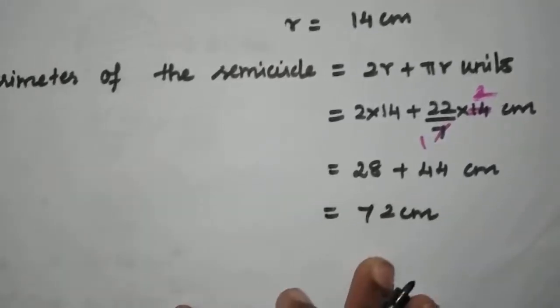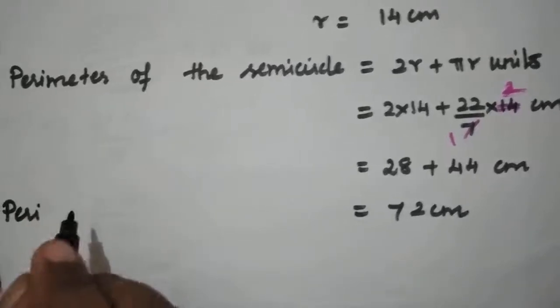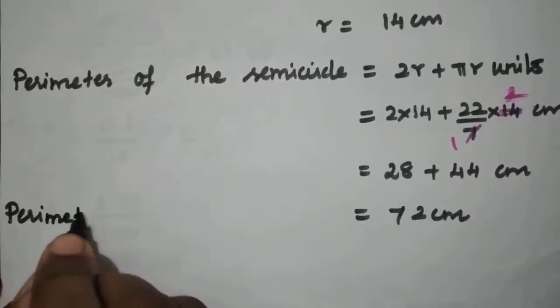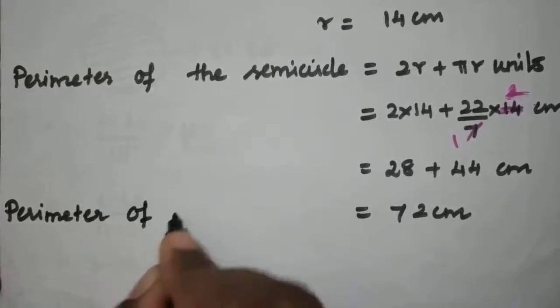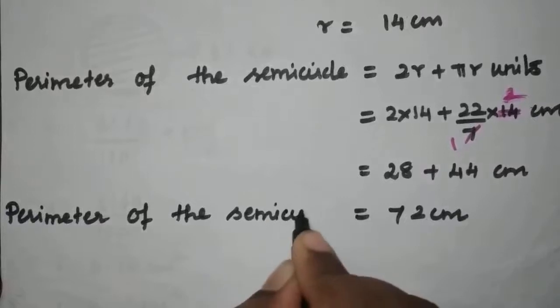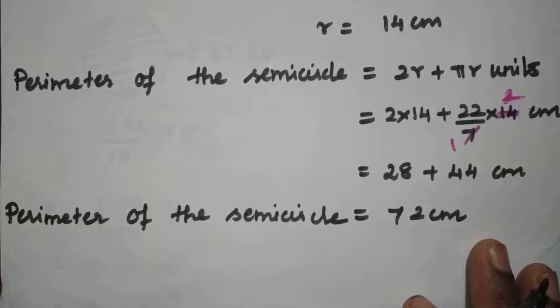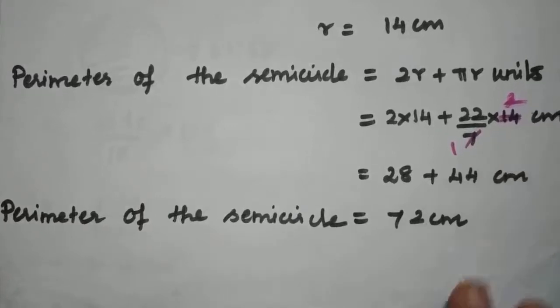So the perimeter of the semicircle is 72 centimeter. Is it clear, children? Yes.